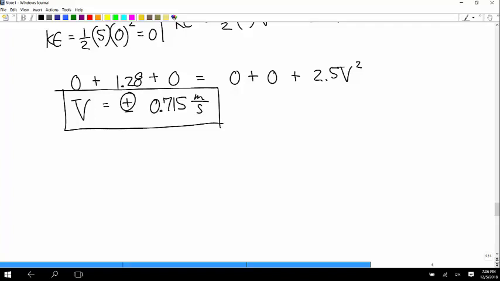Okay, let's do an example problem where now let's have the spring not pulling something, making it oscillate horizontally, but hanging from the ceiling and making something oscillate vertically.